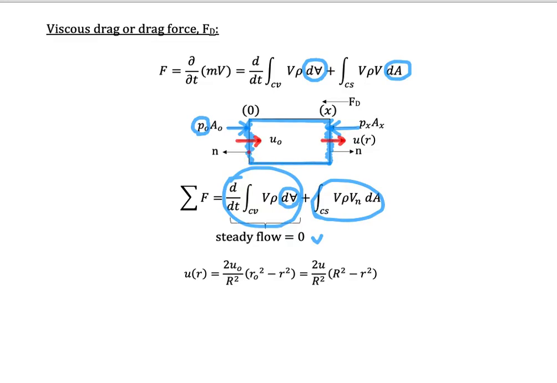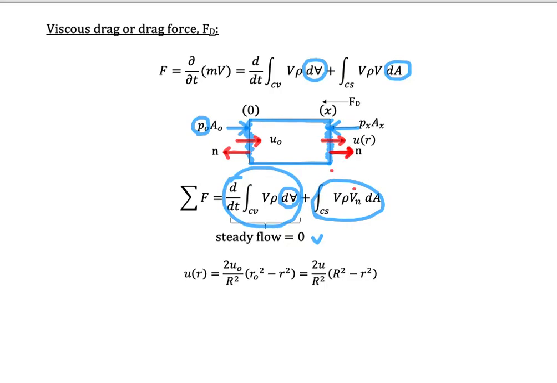And then we draw an n vector here to fulfill the equation, because the equation here is actually v rho vn dA. This velocity actually needs to follow the direction of this axis.